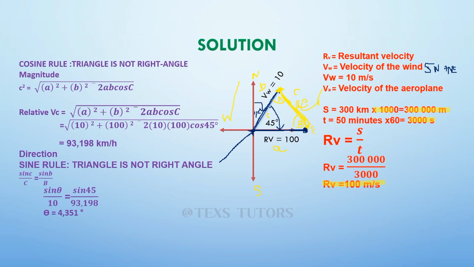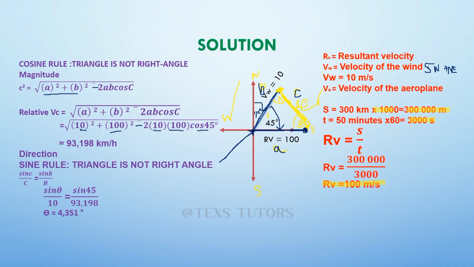Okay, so since I'm not using a right angle triangle, to calculate the magnitude, I can now use the cosine rule. We label this aeroplane as side C, so we can say C squared is A squared plus B squared minus 2AB cos of angle C. So I'm going to substitute: 10 squared plus 100 squared minus 2 times 10 times 100 times cos 45.